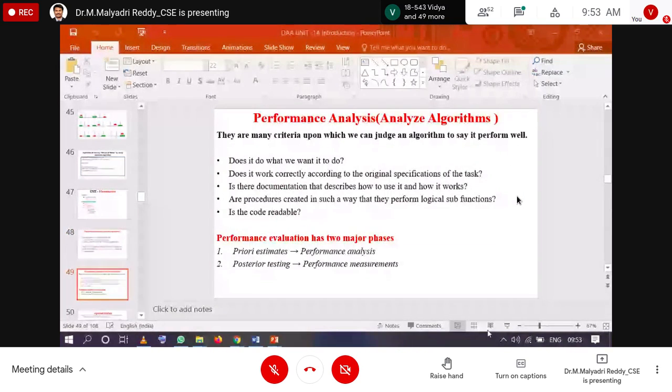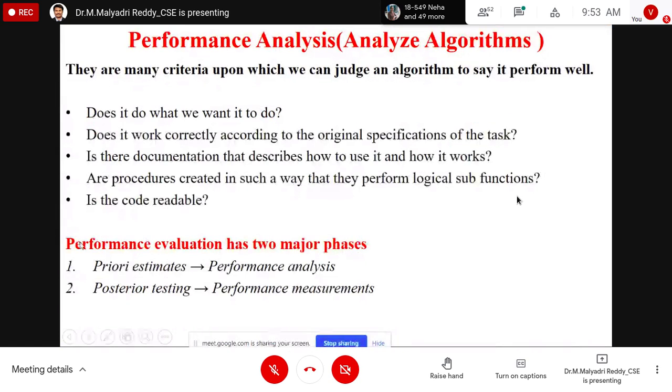Just a time I asked the question, what is the need of algorithms? So this is the purpose of algorithm analysis.